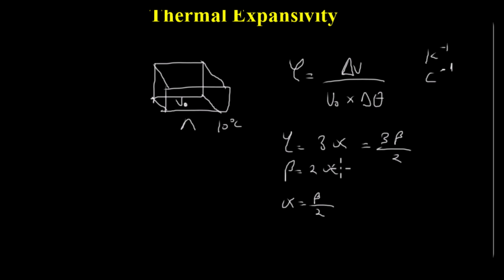Now, we should note, of course, we'll stress this more in the next video when we talk about expansion in liquids. For all types of liquids, liquids undergo only volume expansion. That's because liquids don't have a natural shape.